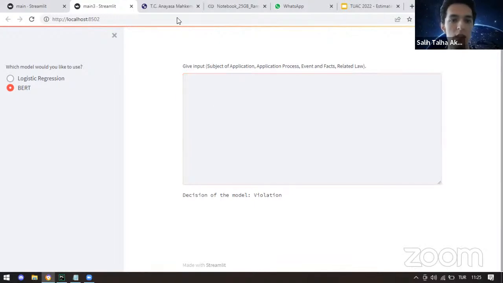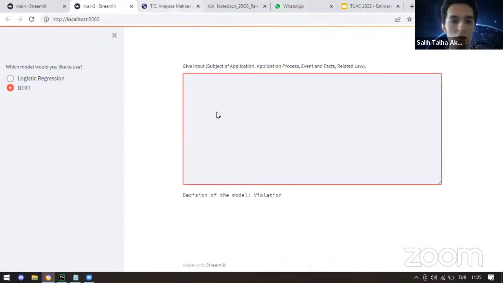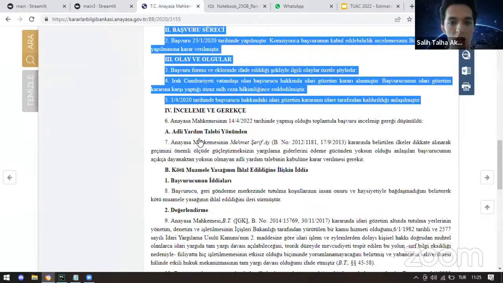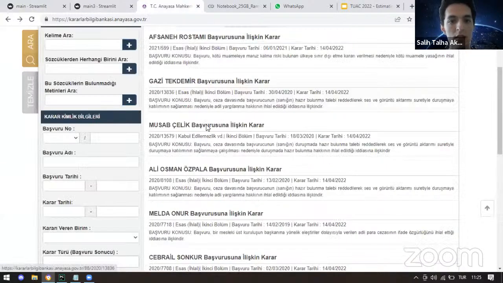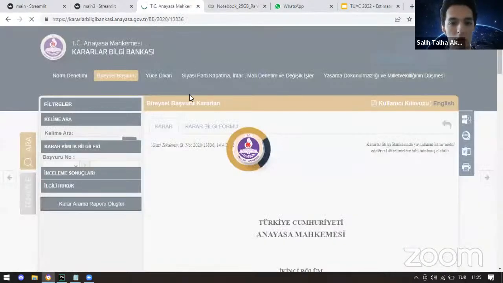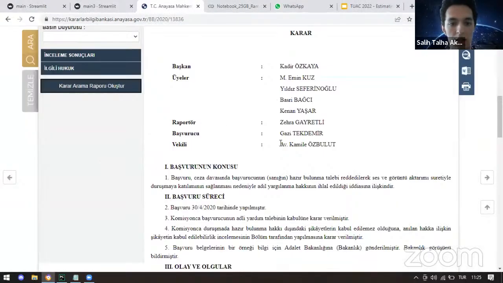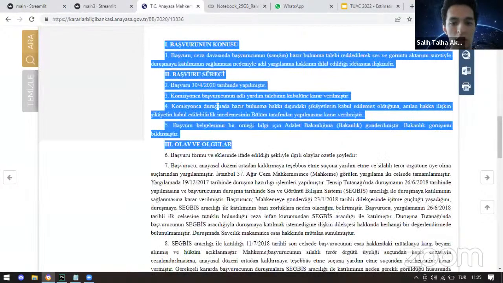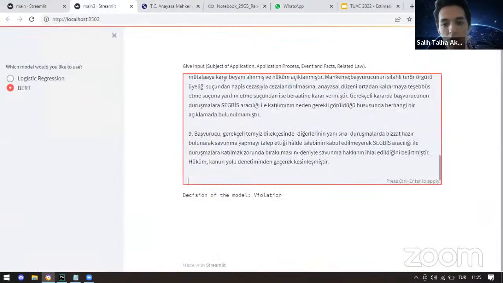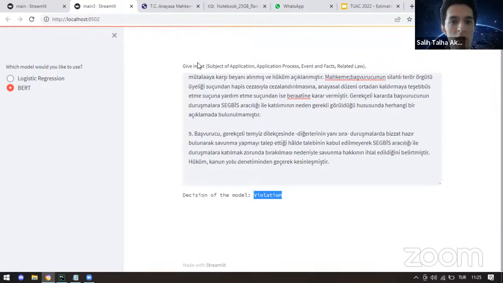And in the second website, we have made a website to predict some cases. I'm going to choose some of them here, like this one, and use it to predict the case. I'm going to give it as an input, and the model is running right now, and it says violation.